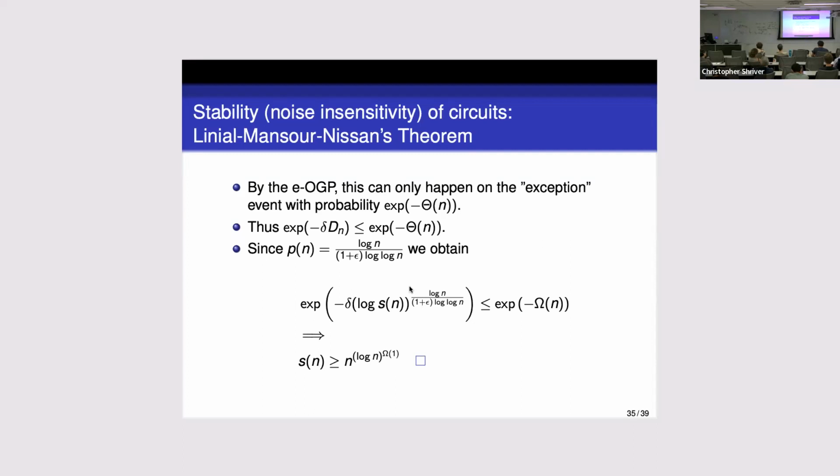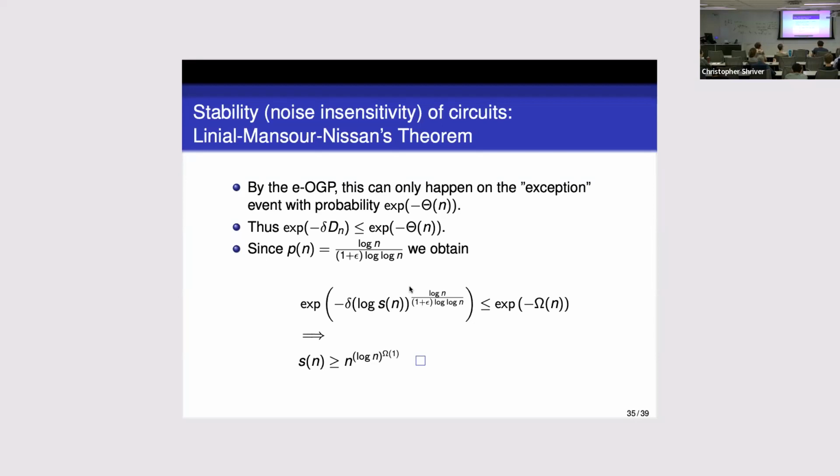So the parameter d_n is log size, log s to the p. By assumption p, the depth parameter, is constant. What we have from here is x minus delta, some number that we control. d_n has to be smaller than exponent with some other constant times n.